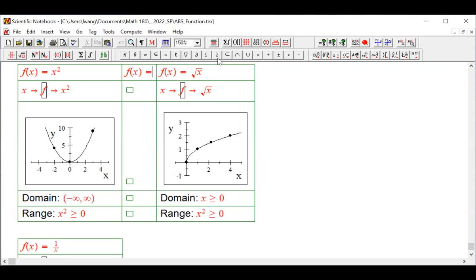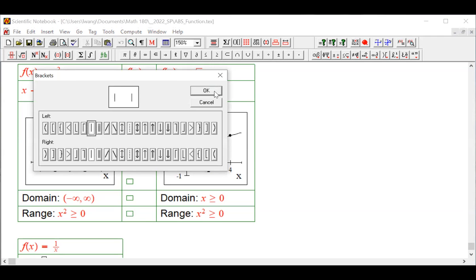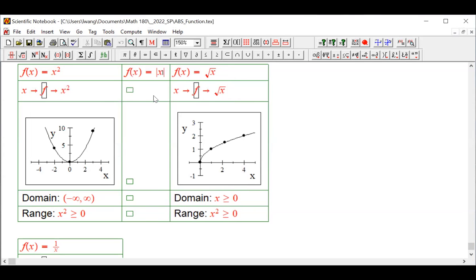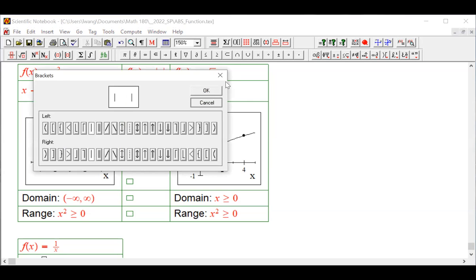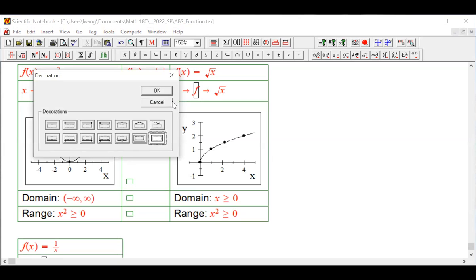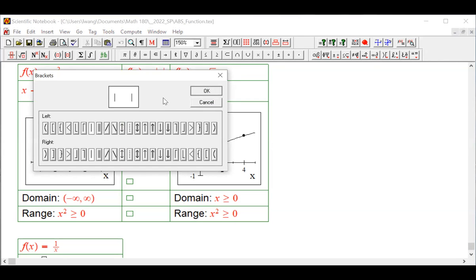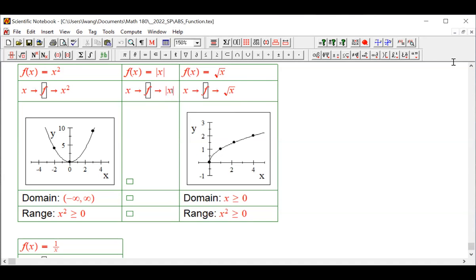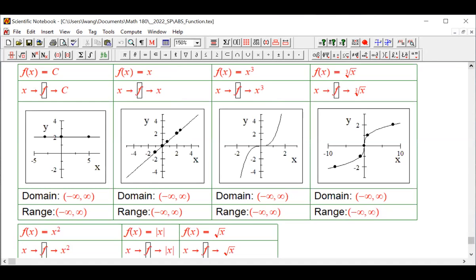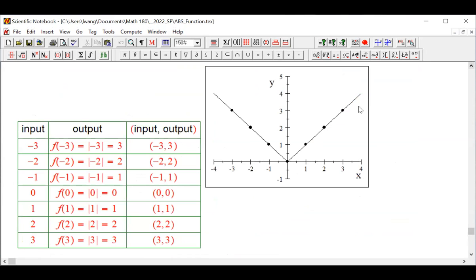So what I'm showing you is that it's very important to summarize, okay, input, okay, the rule of the function, right? It produces the absolute value and the graph. Okay, so I'm going to bring the graph with us.